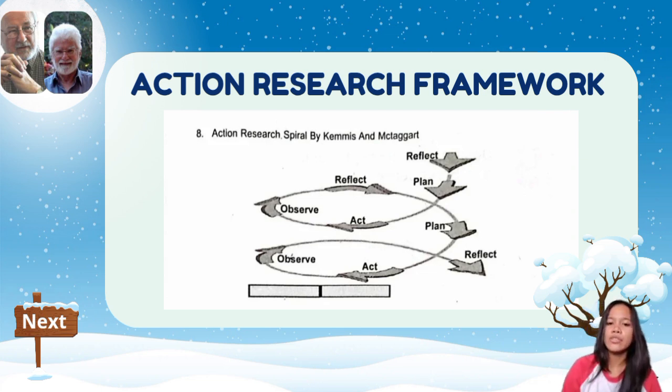The researcher then reflects on the observation to determine whether the action was effective. Based on the reflection, a new plan is developed for the next cycle. Because the process repeats and improves over time, it is represented as a spiral rather than a simple circle.